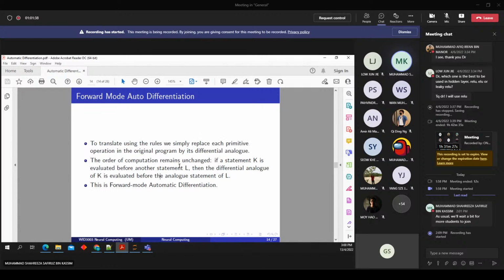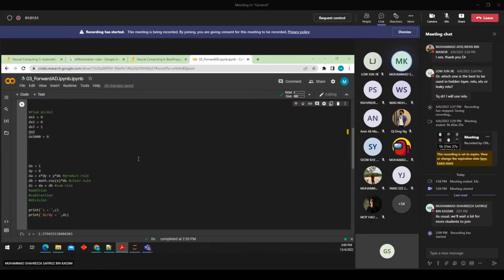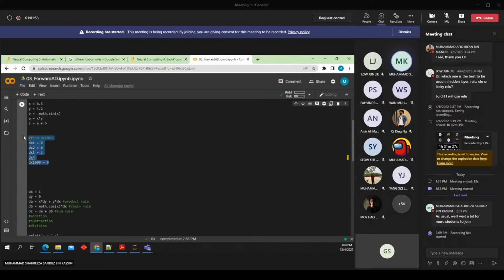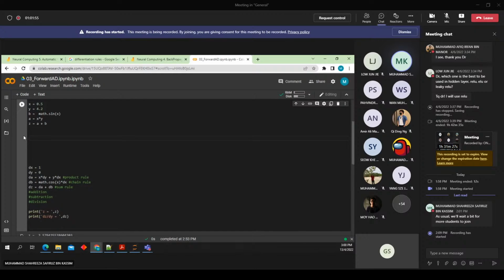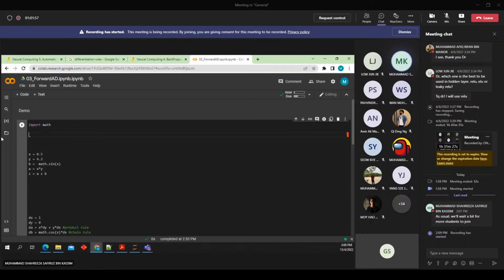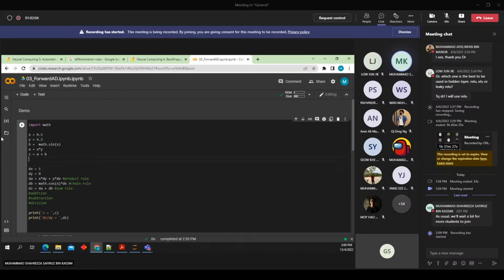And of course, the order of the computation remains unchanged, right? If a statement is evaluated before another statement, then the differential analog is also evaluated before the analog of the other statement. So what this means is, here it goes from x, y, b, a, and z, right?